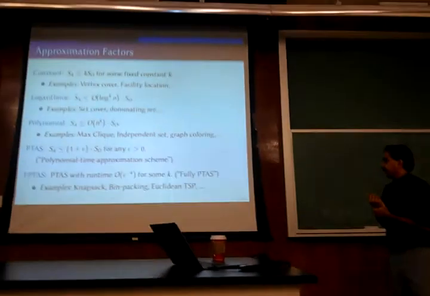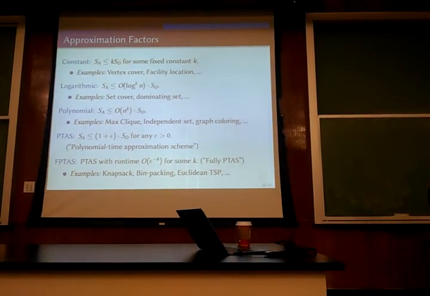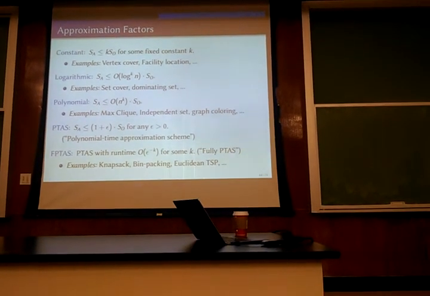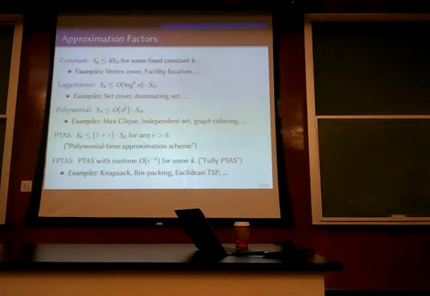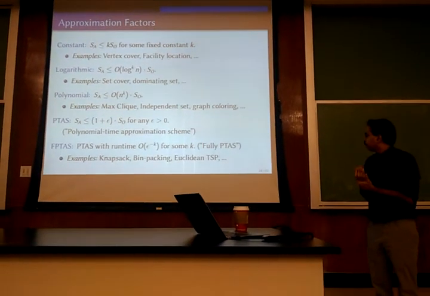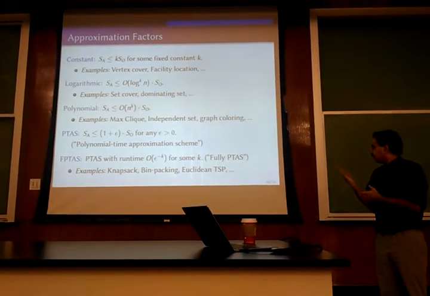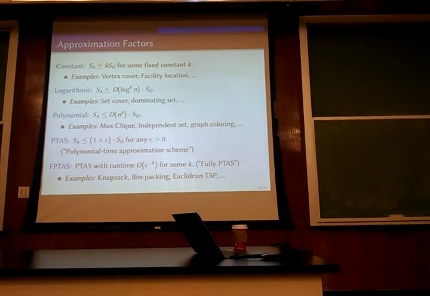Fully polynomial time approximation schemes are available for a few well-known problems like knapsack, bin packing, which we'll talk about and which is very closely related to knapsack, and Euclidean TSP, the traveling salesman problem on the Euclidean plane.